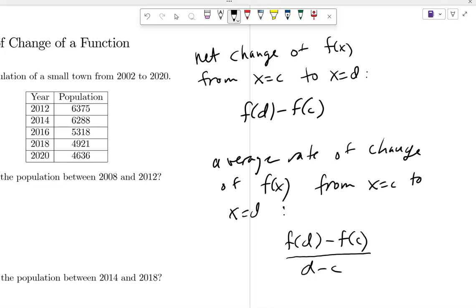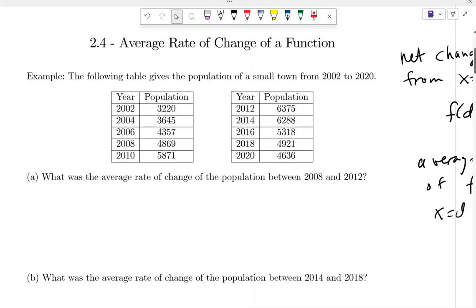Okay, looking at this first example, we've got a table of values. The year is the input. The population is the output. The first part asks what's the average rate of change between 2008 and 2012.